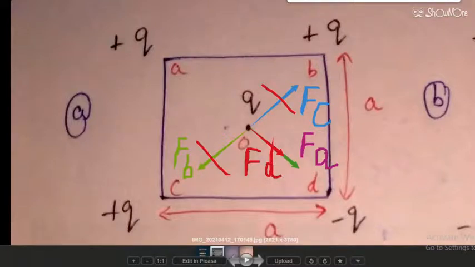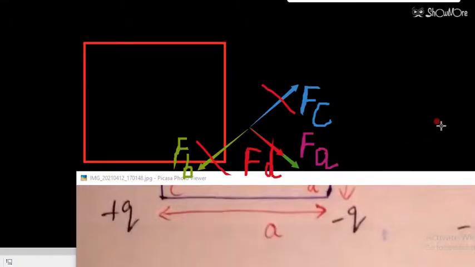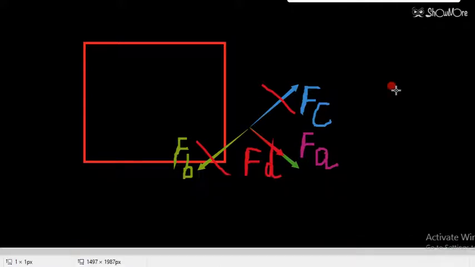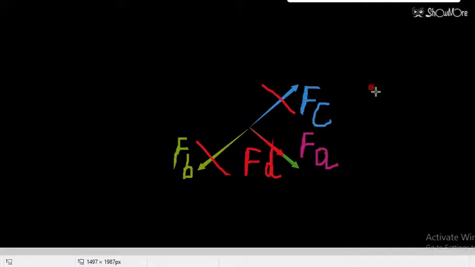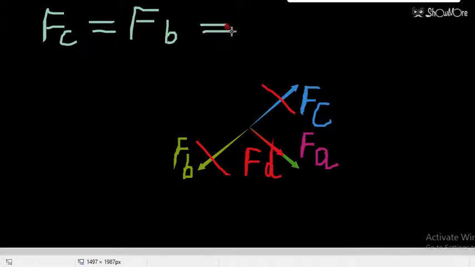FC has the same magnitude. The magnitude of FC will be equal to FB, that is equal to K, where K is the constant, 1/4 pi epsilon naught.